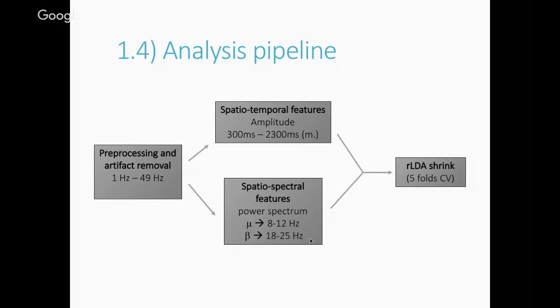Further, for classification, all these features are taken together and analyzed via regularized linear discriminant analysis with shrinkage of the covariance matrix and validated with 5-fold cross-validation.